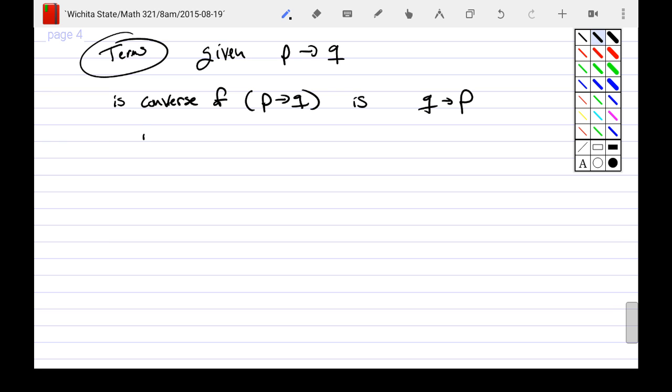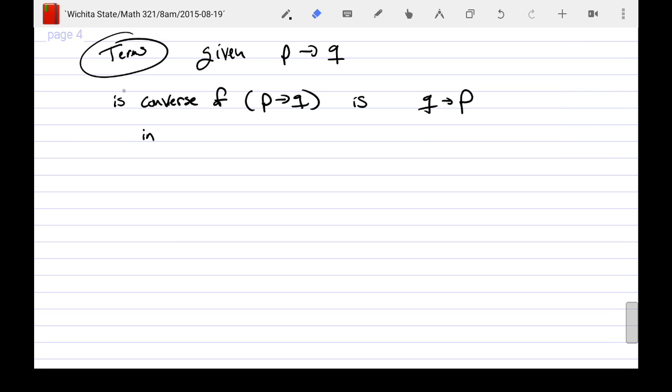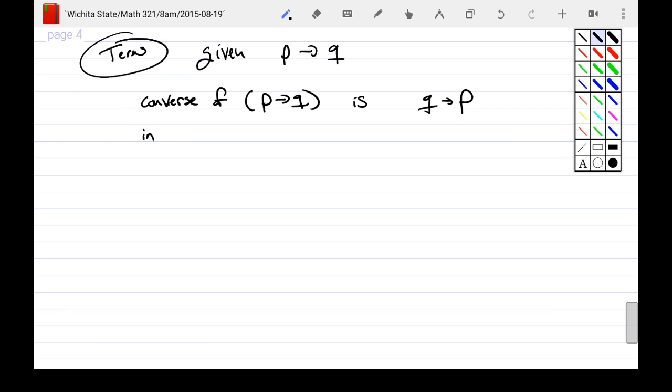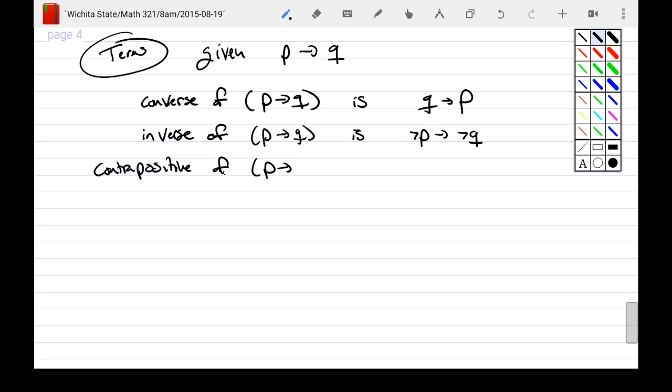The inverse of P implies Q is not P implies not Q. And the contrapositive of P implies Q is not Q implies not P.